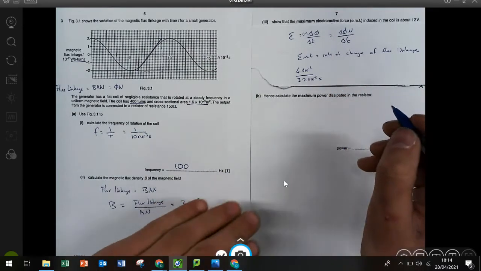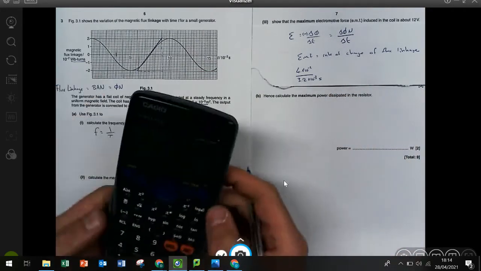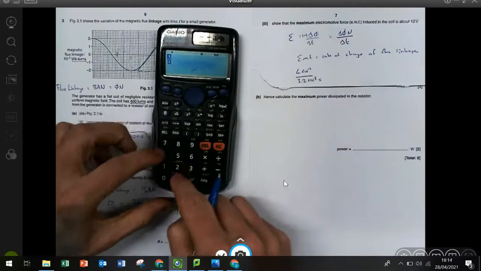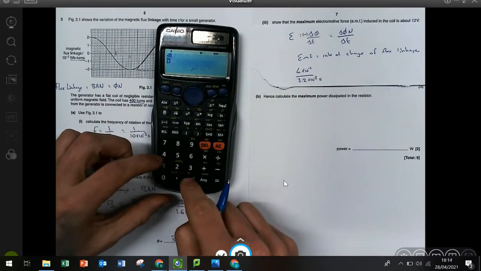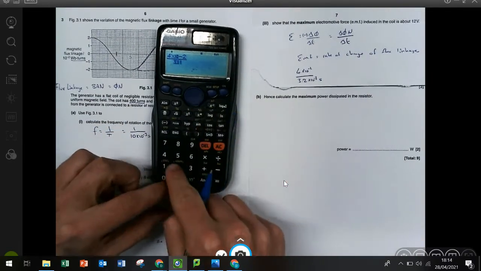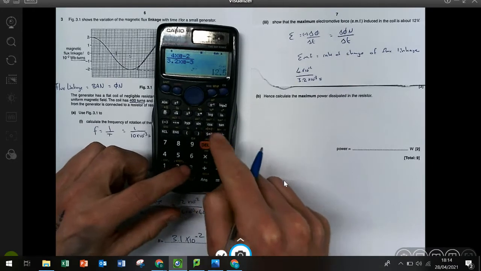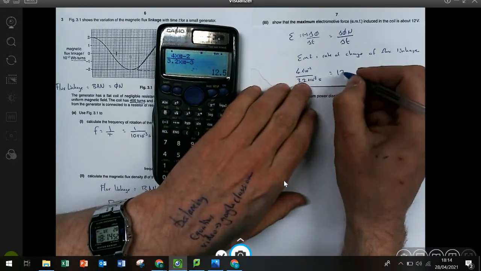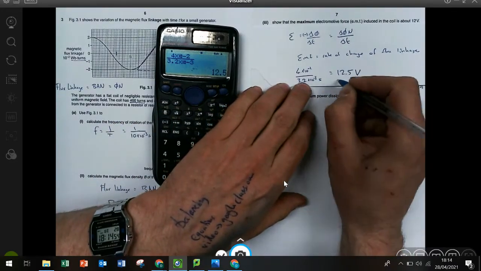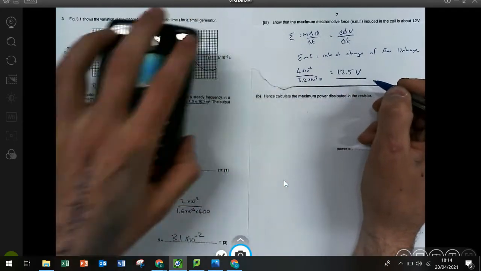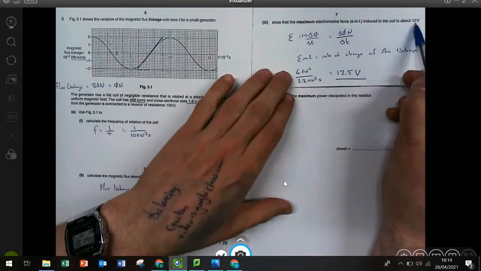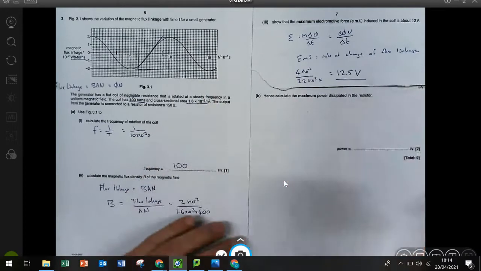So that will give us an EMF of 12.5 volts, which is acceptable because that is about 12.